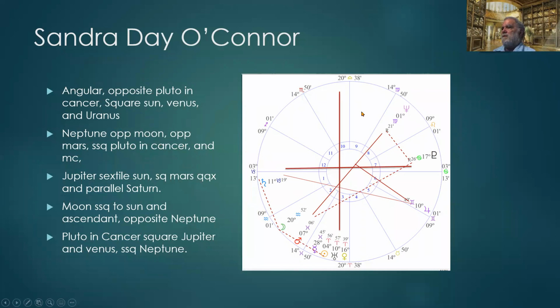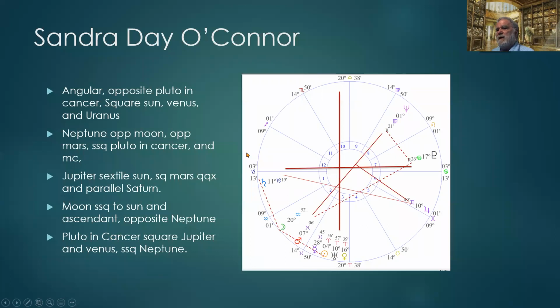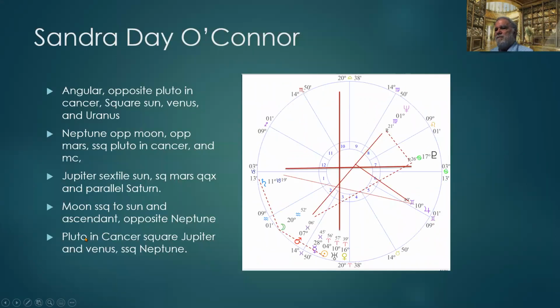So that's the constants. What is the specific for breast cancer? Here we have Pluto. Here's Pluto in Cancer. Pluto in Cancer, square Jupiter and Venus. That's not right. Something's wrong with that. What do we have here? I have a mistake there.